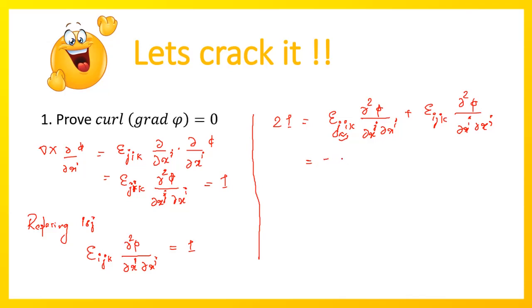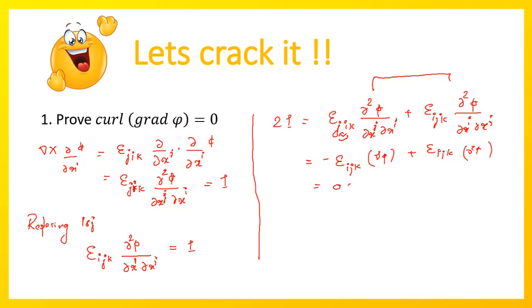So this will give me a negative sign: negative ijk into something plus ijk into something. And we know this from when we learned our complex analysis. We know that for such smooth functions, these terms are equal. That is dou square phi by dou x_j into dou x_i, or the derivative taken in the other order, that is x_i and then x_j, will give you the same result. So the products over here are actually the same.